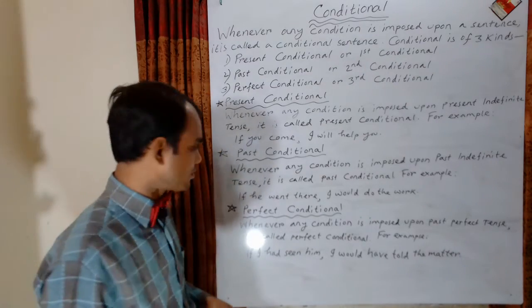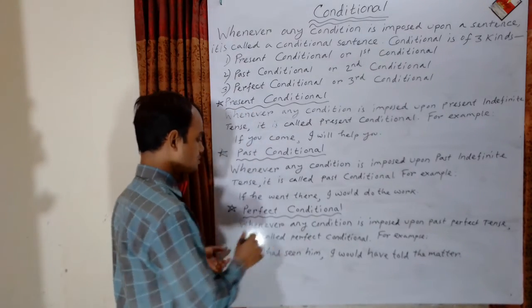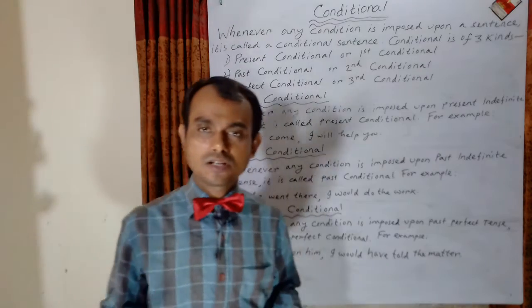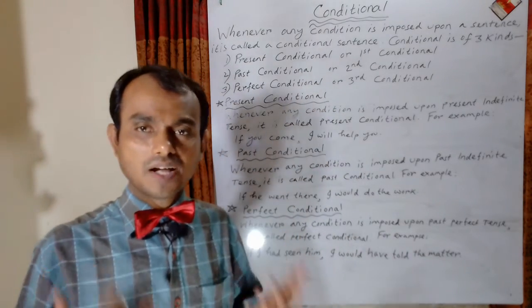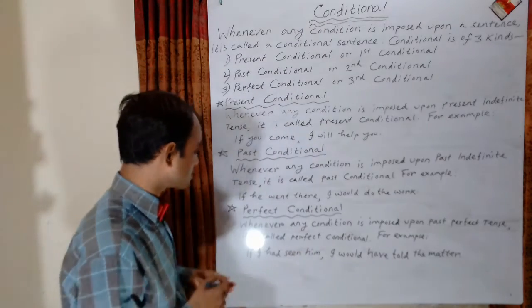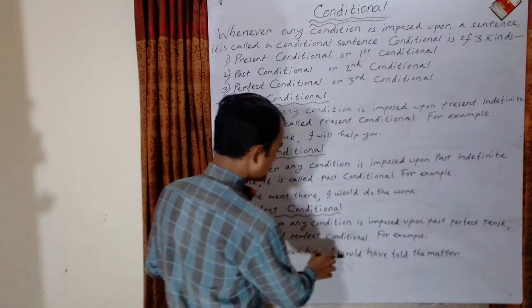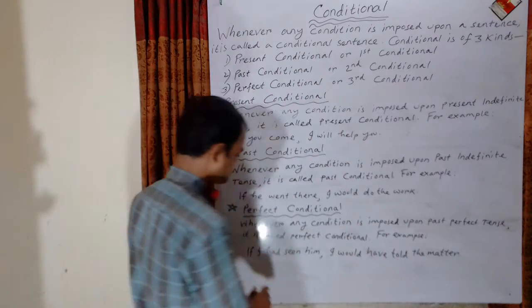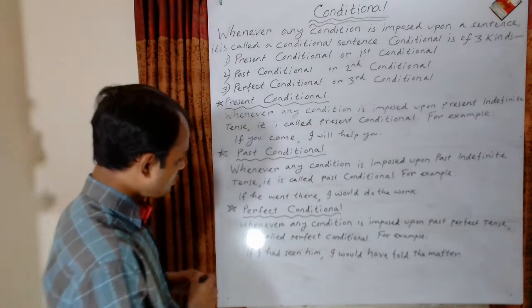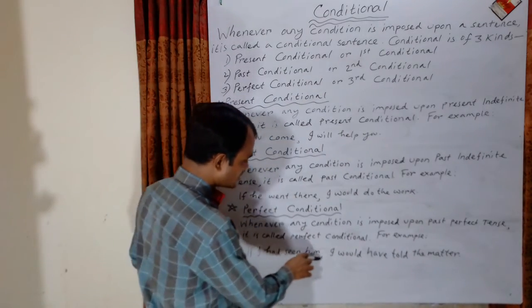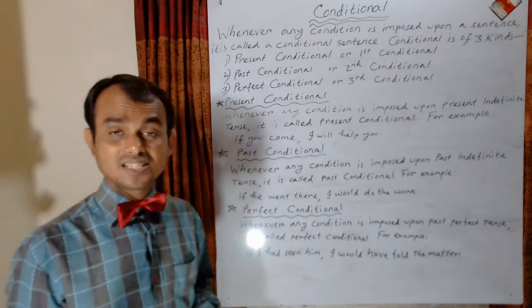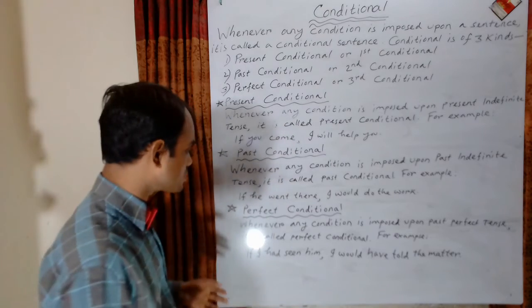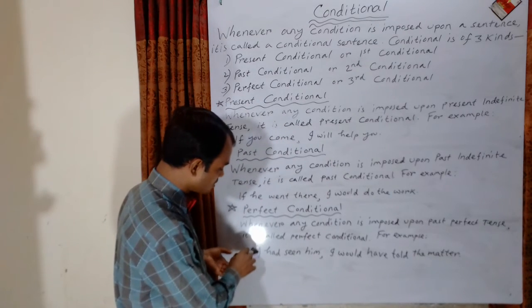Okay, the last one, perfect conditional. Whenever any condition is imposed upon past perfect tense, it is perfect conditional. Look at the sentence: if I had seen him, I would have told the matter. This is a conditional sentence because we have found the conjunction if.